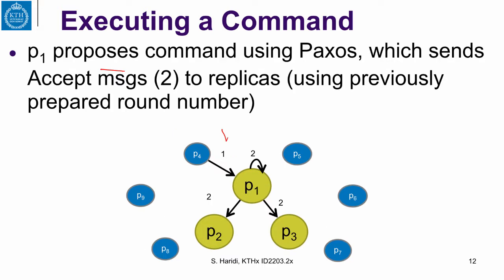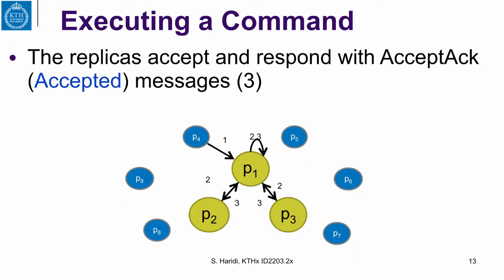What happens then? When the leader gets the request, it extends its sequence, it performs an accept. So it sends an accept to itself and to the 2 other replicas. That's an accept message. And then it gets back an acknowledgement. When it gets back an acknowledgement from a majority, say from P2 and itself, then it can now decide and execute the operation.